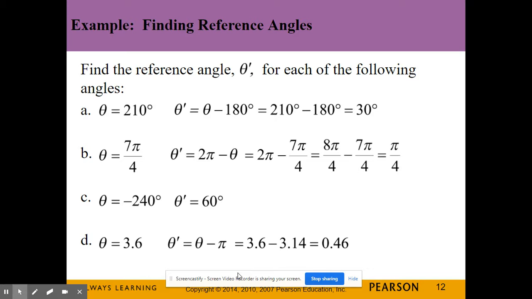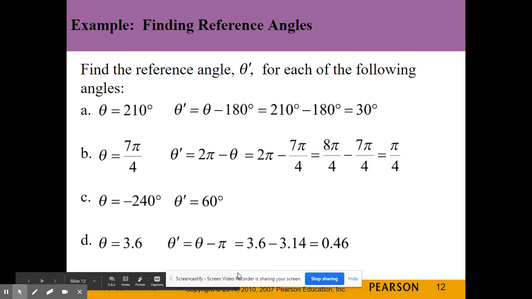It also works if you are doing a negative angle. If it's a negative angle, what you would do is add 2 pi or 360 to it to start. And so, for instance, here you would get 360 plus that would be 120, and then that doesn't make sense.